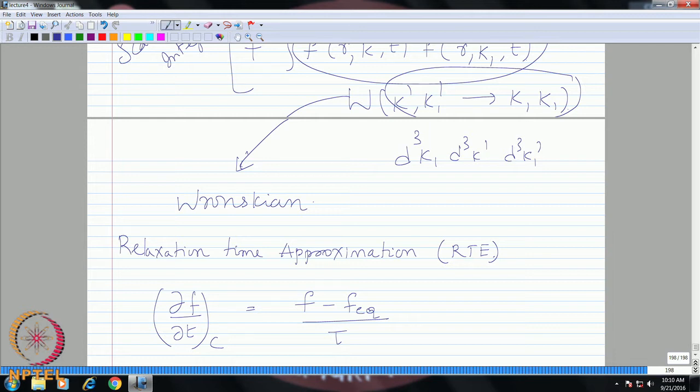So, this is your simplest way of dealing with the collision.